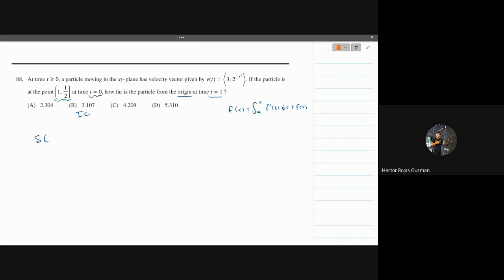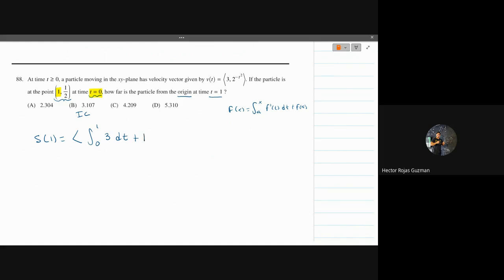So the position of the particle at 1 is going to be the integral from 0 to 1 of x prime of t, right? My velocity is 3 dt plus my initial condition. Well, at 0, the position of the x component is 1.